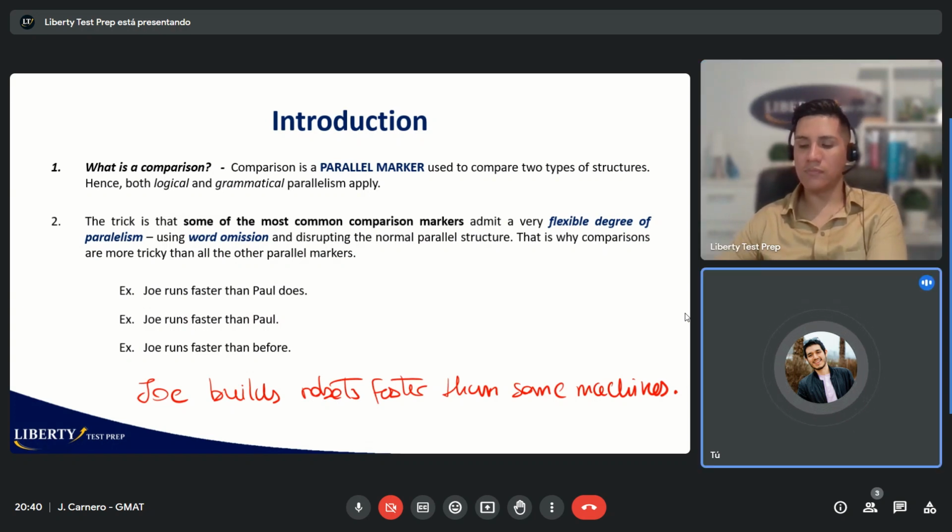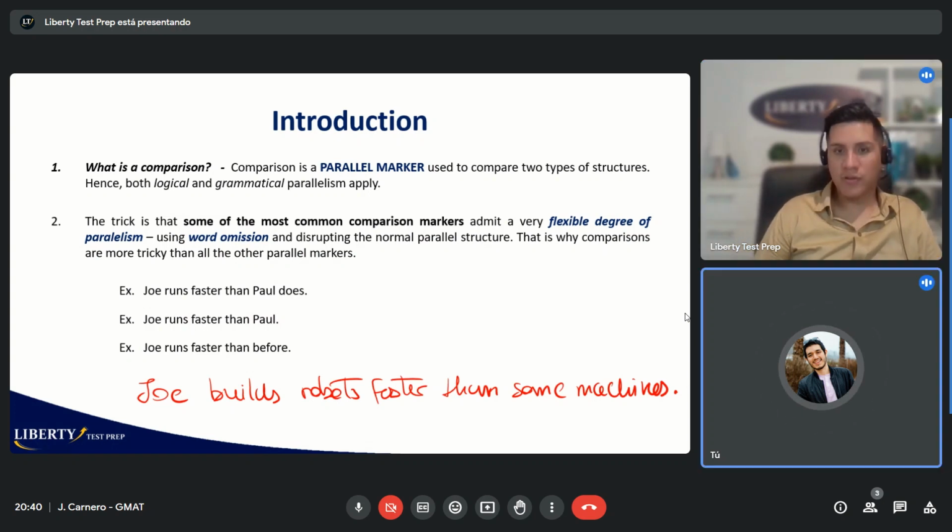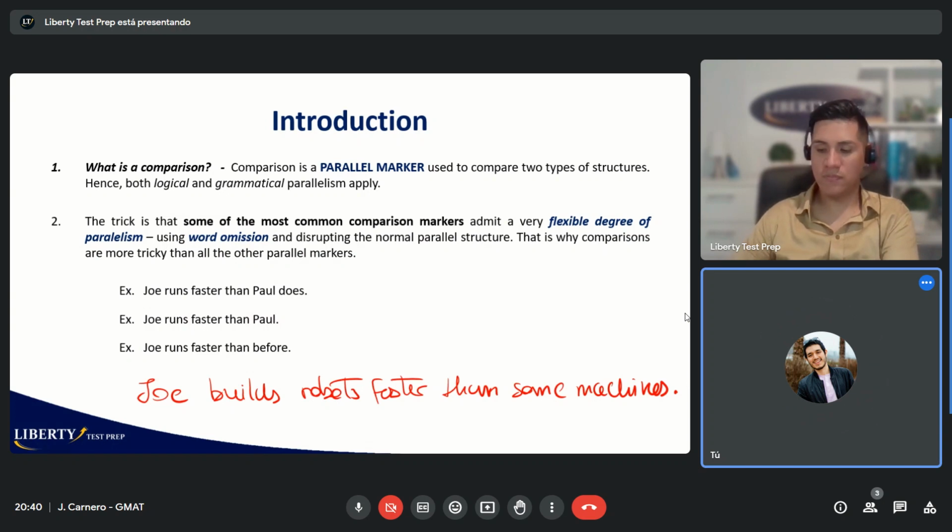"Faster than." So to the left we have a main clause. Yes, correct. And to the right, "some machines." Some is a quantity word. This is a noun phrase or something like that.